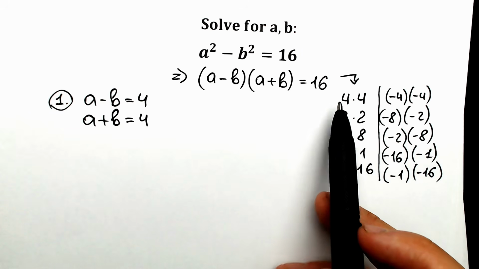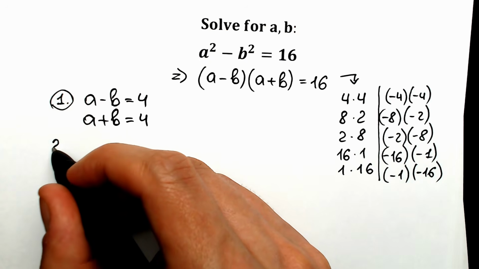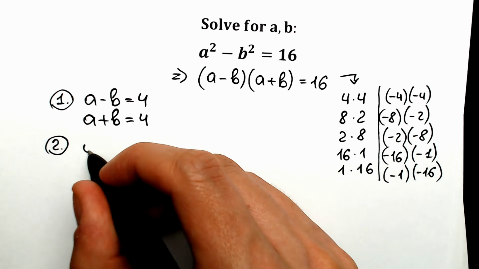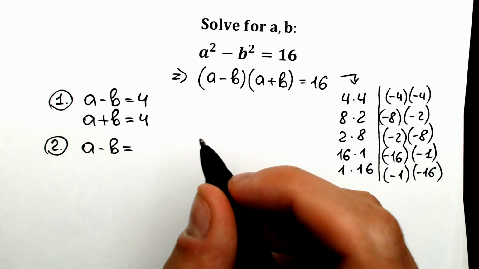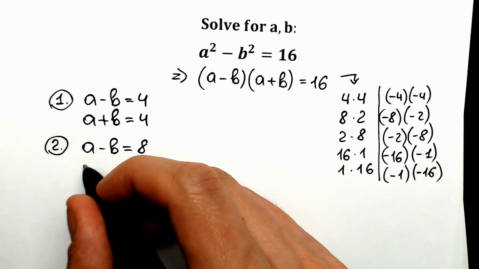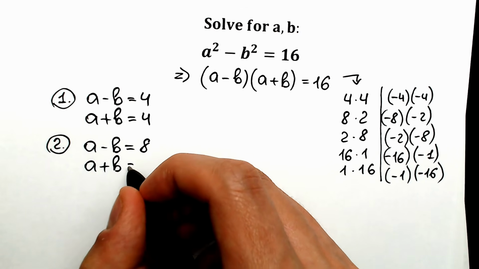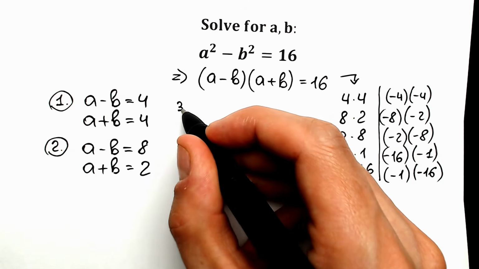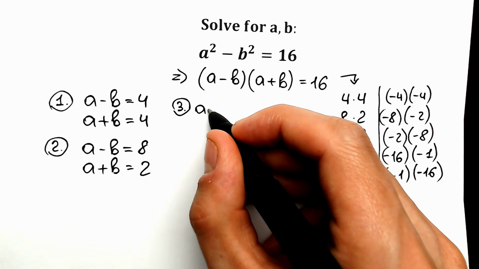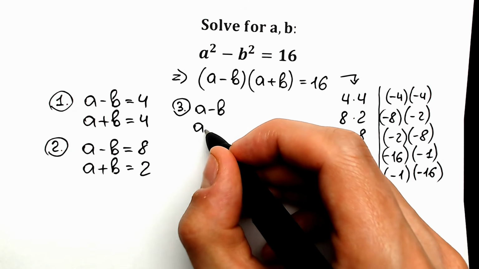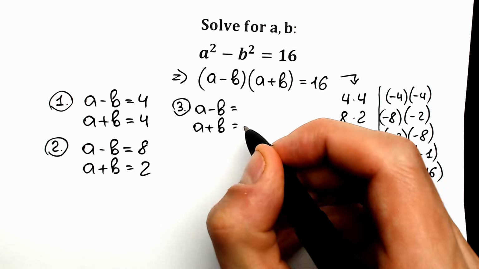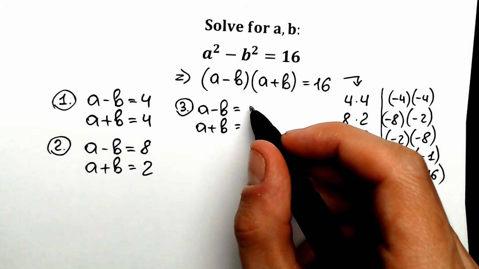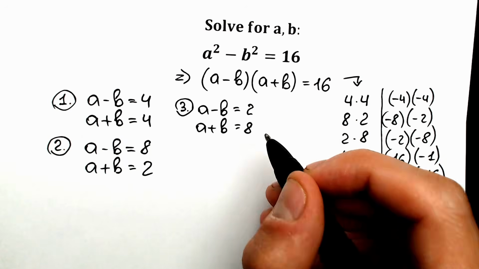This is our first case, 4 and 4. Second case: a minus b equal to 8, and a plus b equal to 2. Third case: a minus b equal to 2, and a plus b equal to 8.